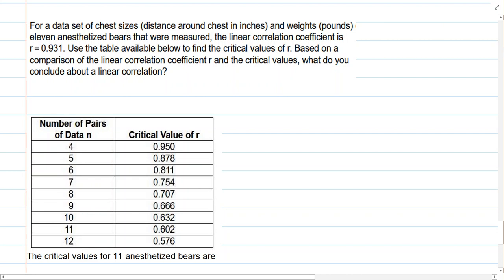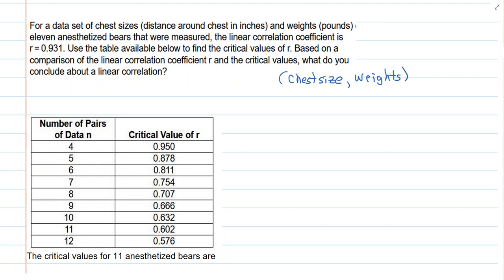For the data set of chest sizes, distance around the chest in inches, and weights, we have chest size and weights as our comparison, our paired data. 11 anesthetized bears, so we have a total of 11 bears that are measured.